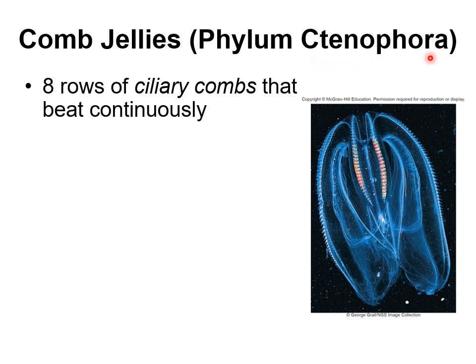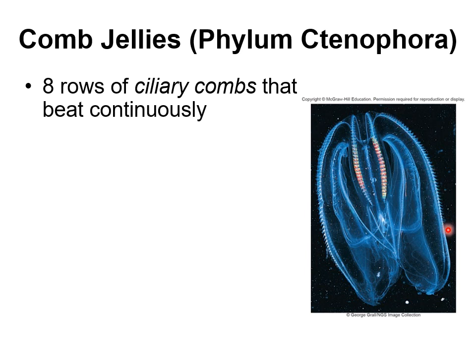One important difference is that the comb jellies have these things called ciliary combs that run along the length of their body. These little things that look like tiny little combs, those are the ciliary combs. They're like little paddles that they beat back and forth.